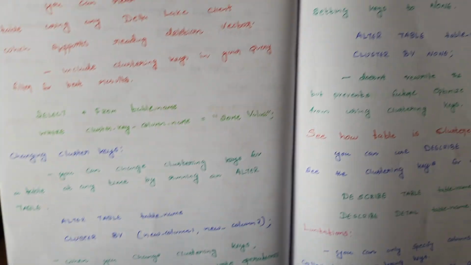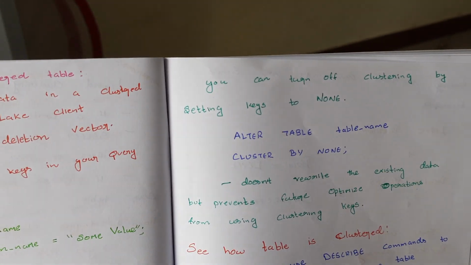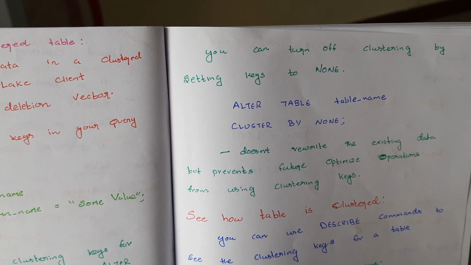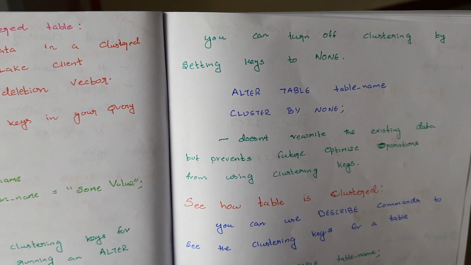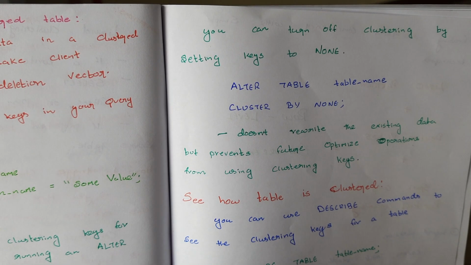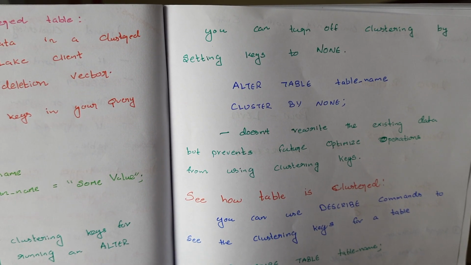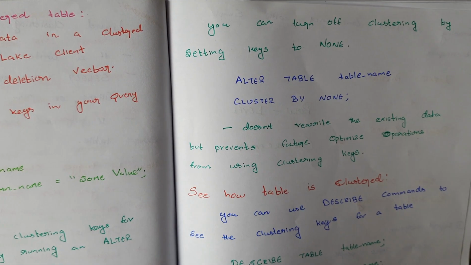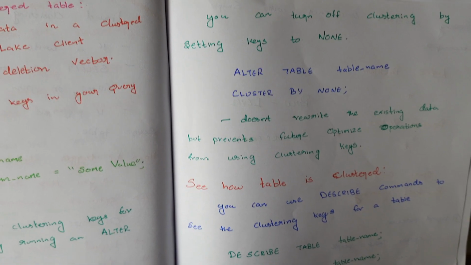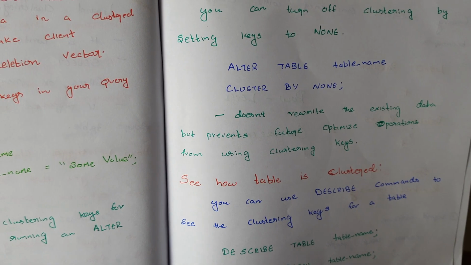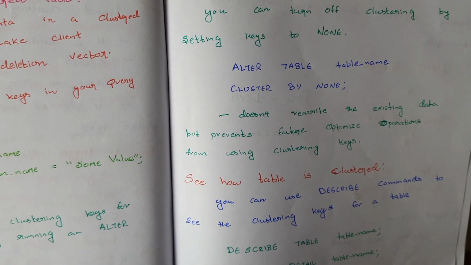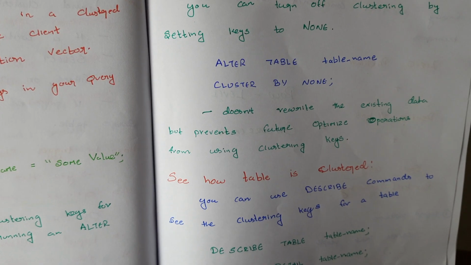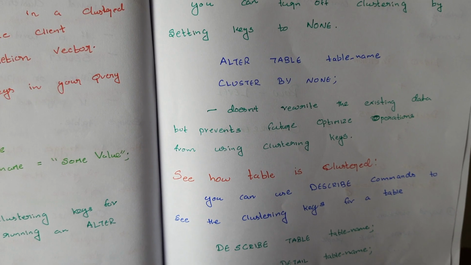You can turn off the clustering by setting the keys to none. Let's say you have created a table with some cluster keys, and now you want to remove the cluster keys from your table. You can set cluster by as none. It doesn't rewrite the existing data but prevents future optimize operations from using cluster keys.